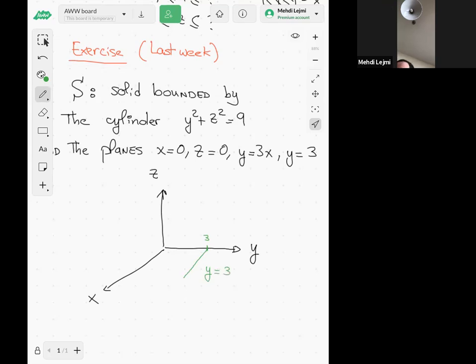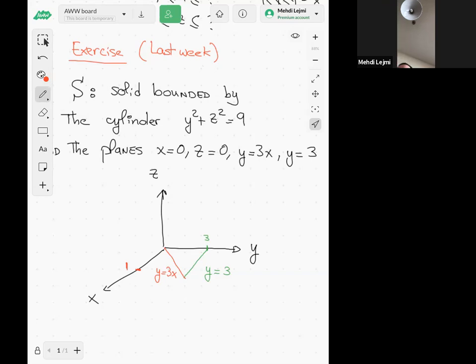And then we have the plane y equals 3x. Of course, when y is equal to 3, then x would be equal to 1, so this is supposed to be 1 here. And then we have the cylinder.